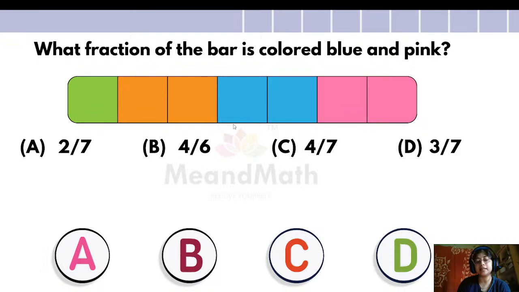Option C says 4 by 7, and we'll find out which is correct. Ayat has said it is C. Thank you, Ayat, for answering. Hi, Sanvi, you've joined too, very good morning to you.